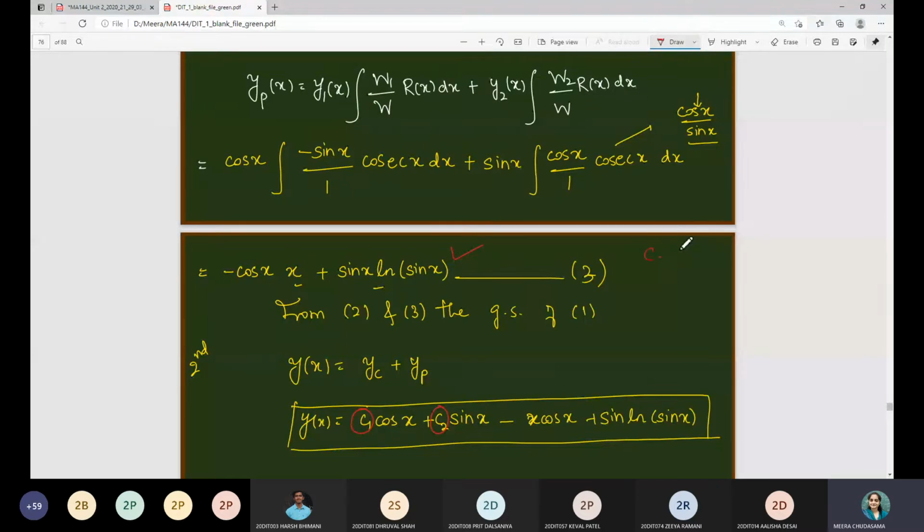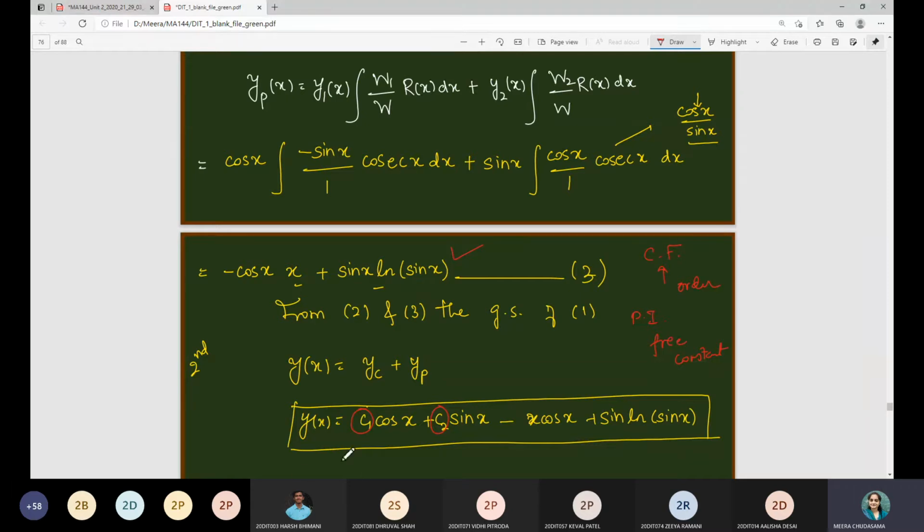Remember, whenever you find the complementary function, the number of constants involved in it will be the same as the order of the equation, and particular integrals are always free from constant quantities. So how many constants will be involved in the general solution? As many as the order, right?